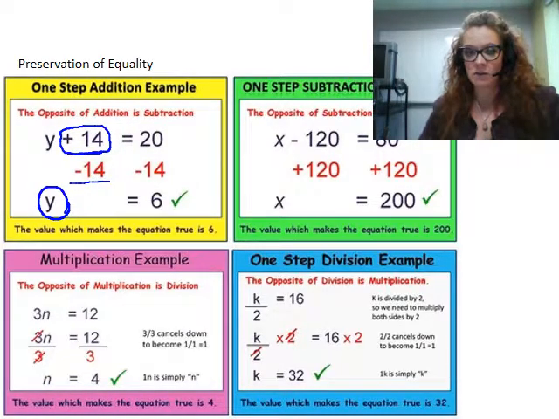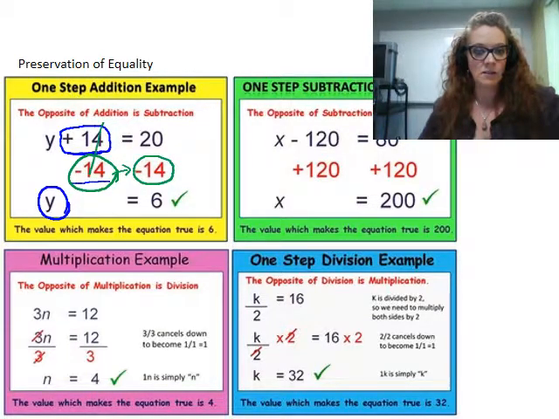So if I'm going to draw a little minus 14 underneath that side, I need to do the same thing on the other side of the equal sign. So these two cancel each other out. 14 minus 14 is 0, so there's nothing left there. And 20 take away 14 is 6, so y equals 6.